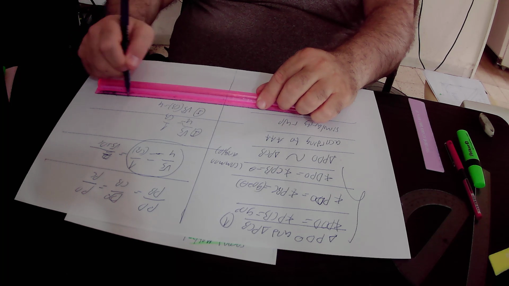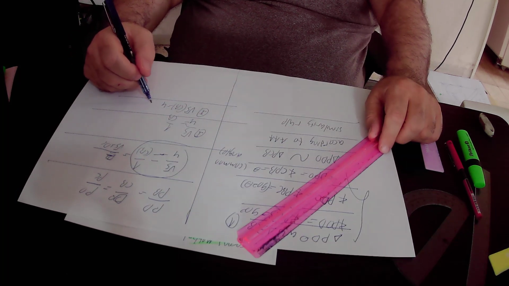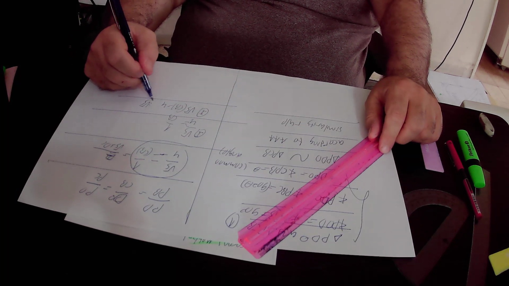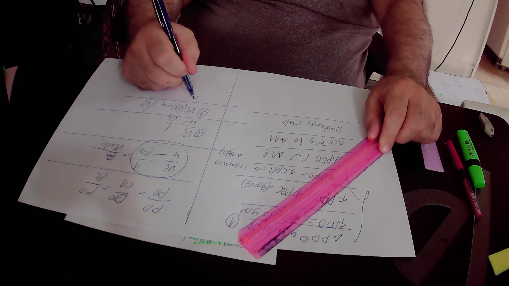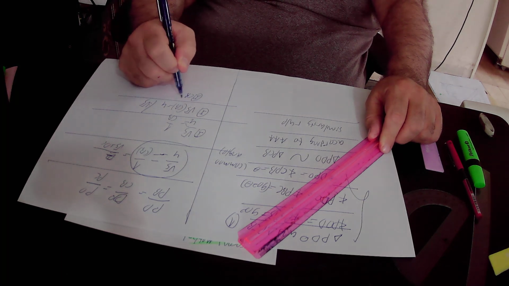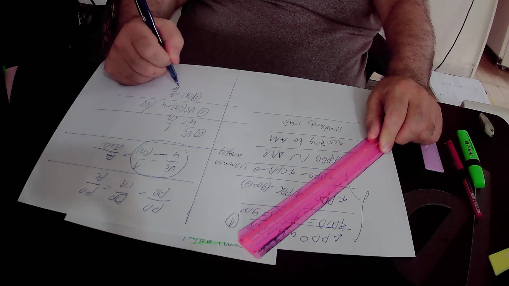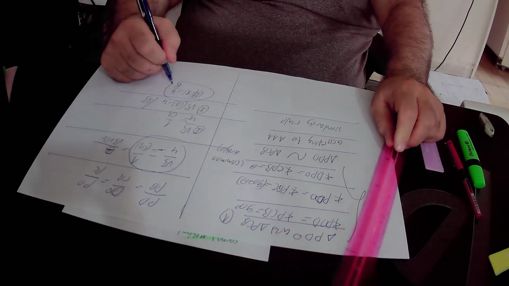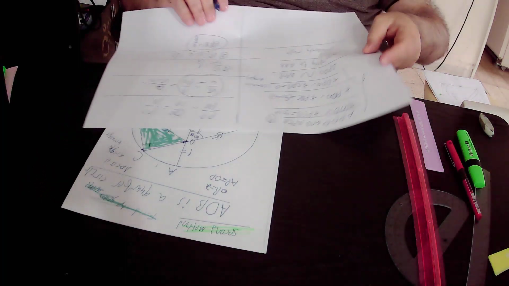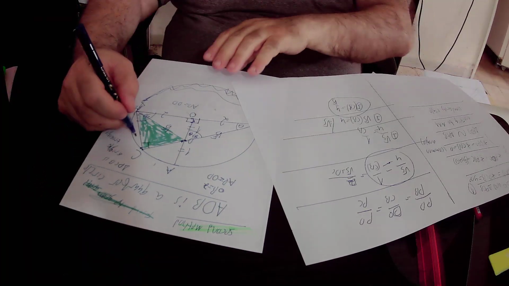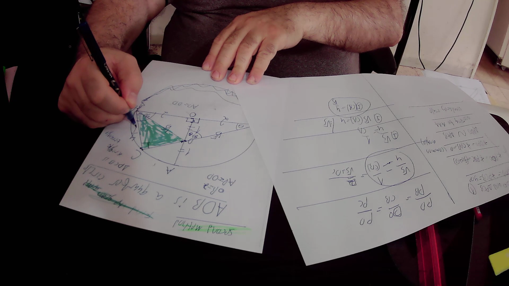Here we divide equation number 1 by square root of 5, and we get that according to equation number 1, CB equals 4 over square root of 5 units. So we can write down in the drawing that CB equals 4 over square root of 5 units.